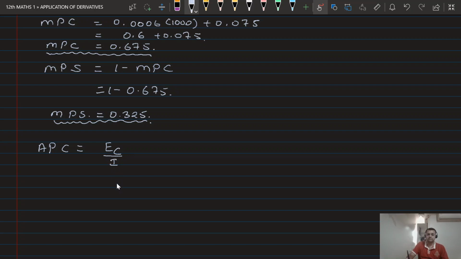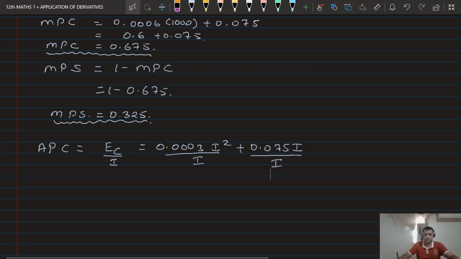Here it is I because the question says that the income is I. So now 0.0003 I square plus 0.075 I, we divide both terms by I. In this case we can cancel off the I's. So I am ready with my APC function.